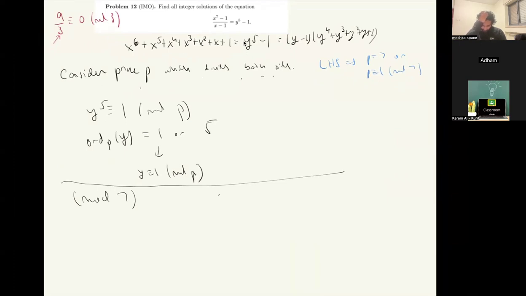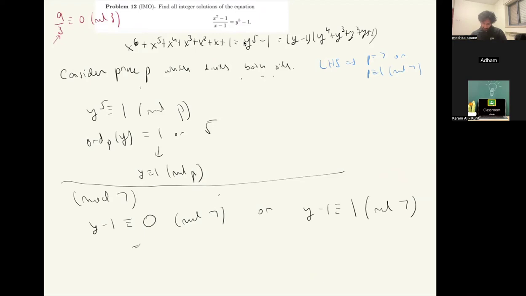Mod 7, we showed that if a prime divides the left-hand side, then it must be either 7 or congruent to 1 mod 7. Yeah, exactly. So it tells us that y minus 1 is a product of primes that are either 7 or 1 mod 7. So y minus 1 is either equal to 0 mod 7 or y minus 1 is congruent to 1 mod 7, right?